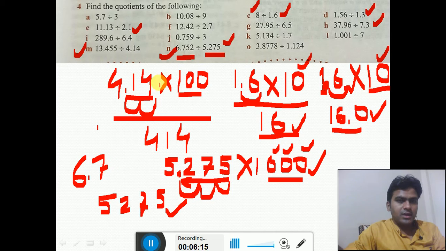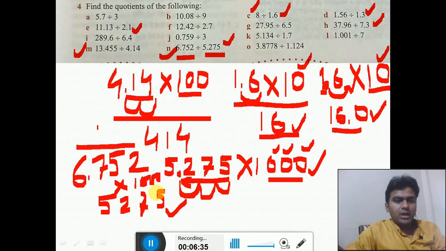For this particular question, the numerator or the dividend is this, so this number also we have to multiply by 1000. Then this number also will become a whole number. Like this we have to convert the divisor, which is given as a decimal number, into a whole number. Then we can easily divide the number. Any number we can divide if our divisor is a whole number.